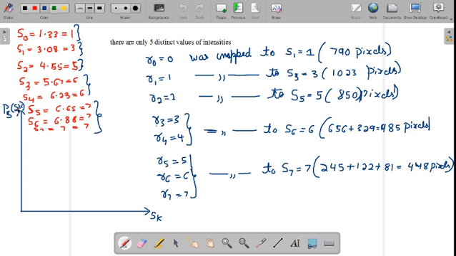So you need to find the probability of Sk, which is Sk divided by m cross n.